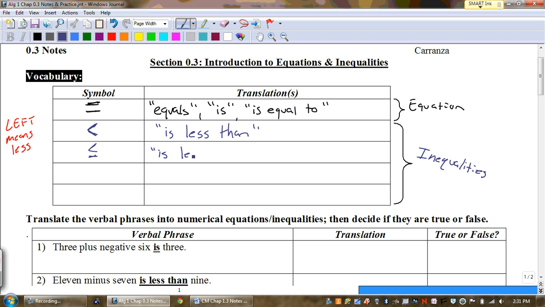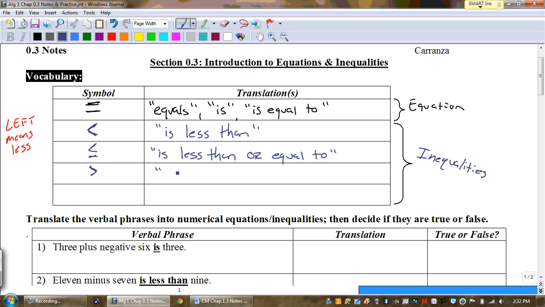The next symbol is when we put a little line underneath it, and that means that it is less than or equal to. It can be either one of those, but once again, you can make that symbol in your left hand, so that is the less than.